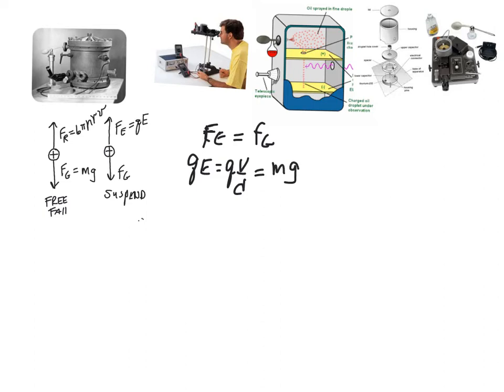And then when we solve for Q, we get a very simple result. The Q that we want is simply mg D over V.